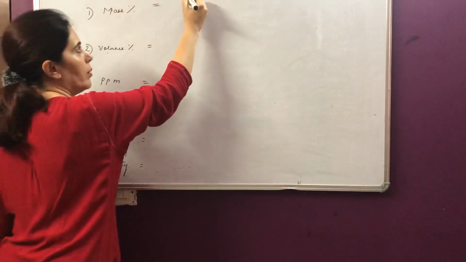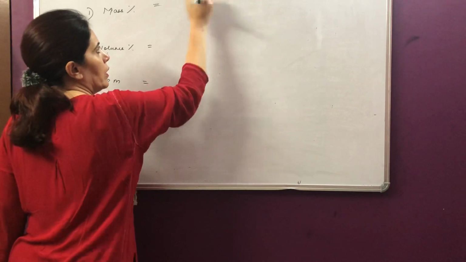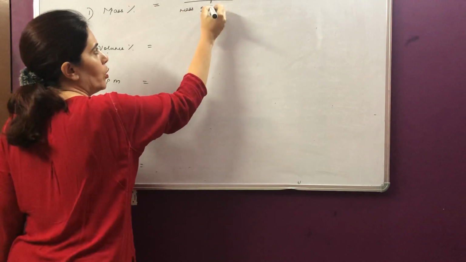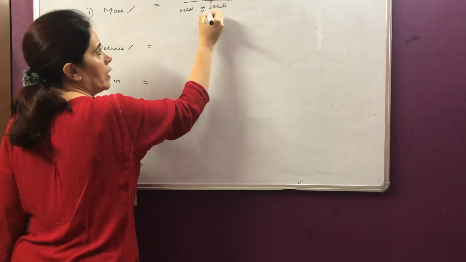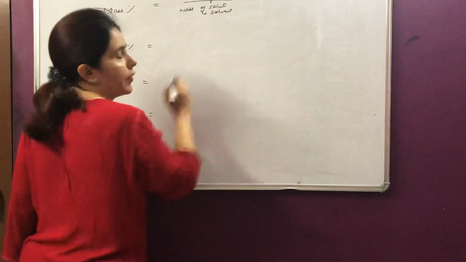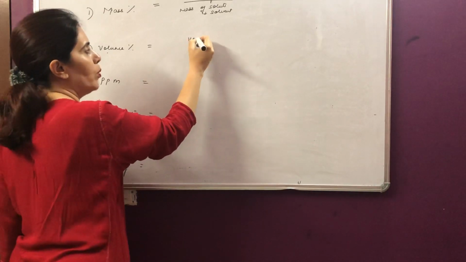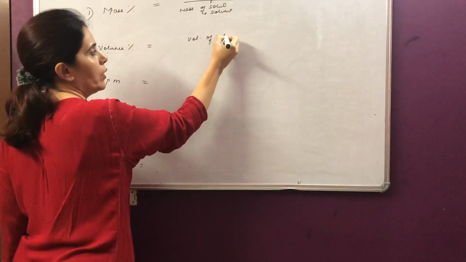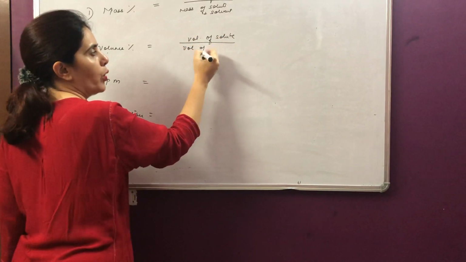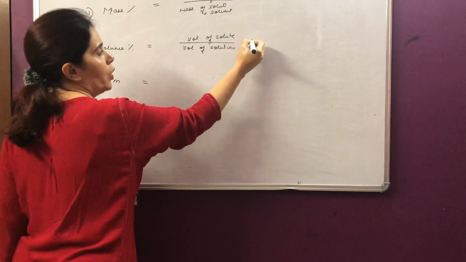Mass percentage will be mass of solute upon mass of solute plus solvent, that is mass of solution, into 100. Is it okay? Then volume percentage, volume of solute upon volume of solution. What does volume of solution mean? Volume of solute plus solvent into 100.